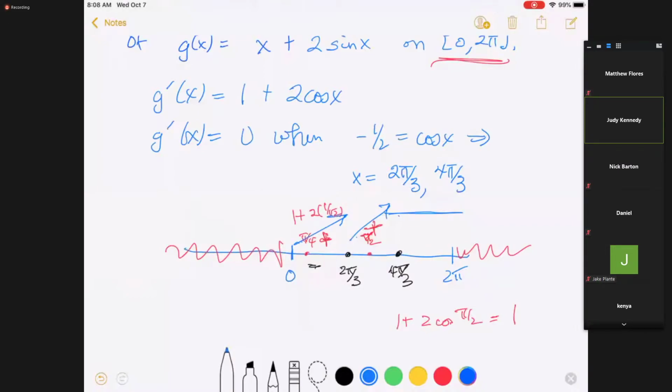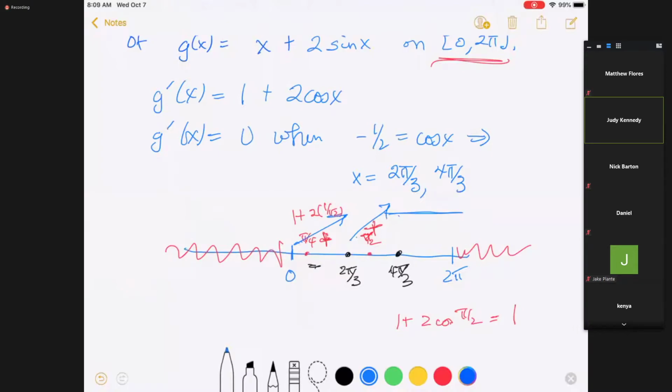Cosine of pi over 2 is 0, isn't it? Does anybody see what's wrong here? Well, let me look at this. Oh, wait a minute. Pi over 2 is not in there. Okay, that's what's wrong.